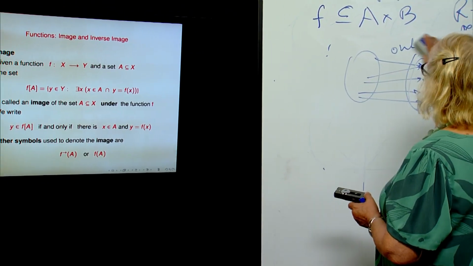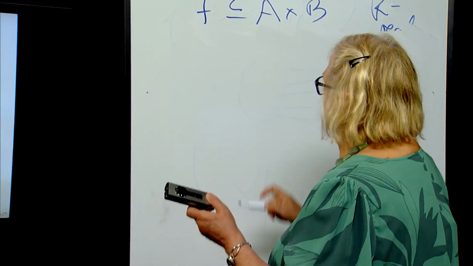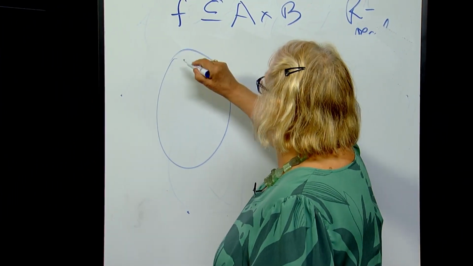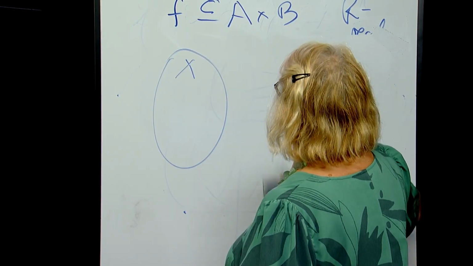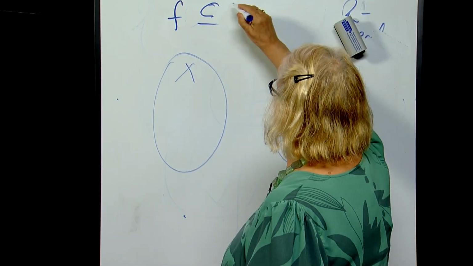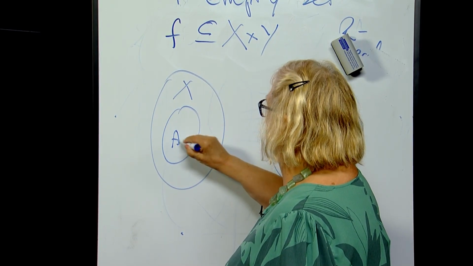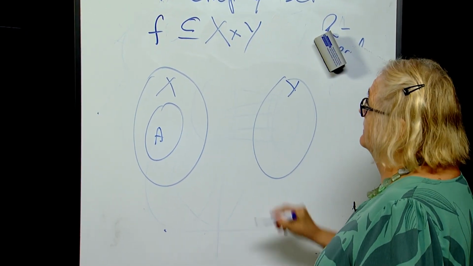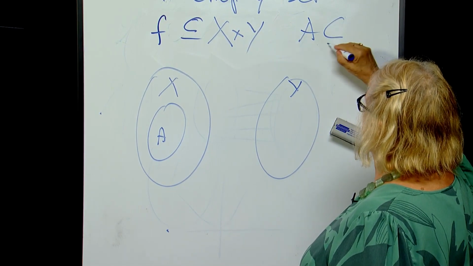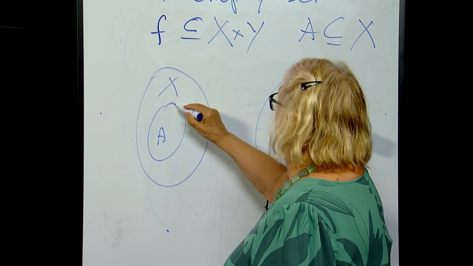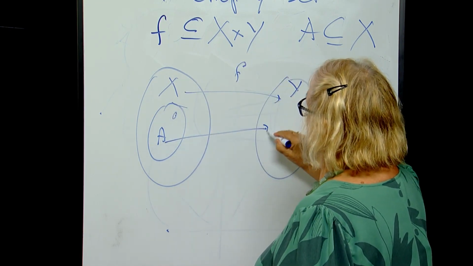Again, the simple idea is that if you have sets X and Y, so now the function is from X to Y, and you have a certain subset A of X, and I want to see what this function f does to this subset.